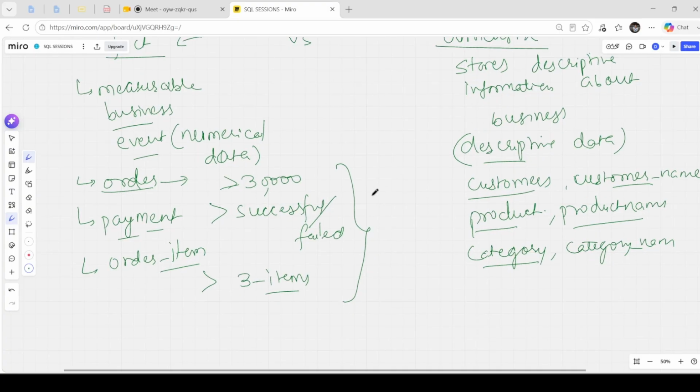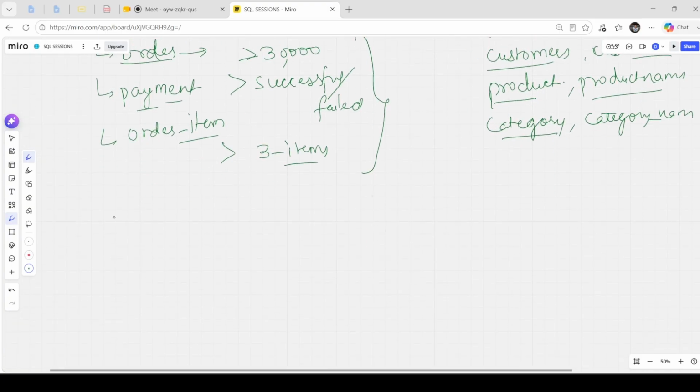So it means that now the naming is going to be like this: fact underscore orders, fact underscore payments, fact underscore order items. And then fact underscore inventory is also possible.